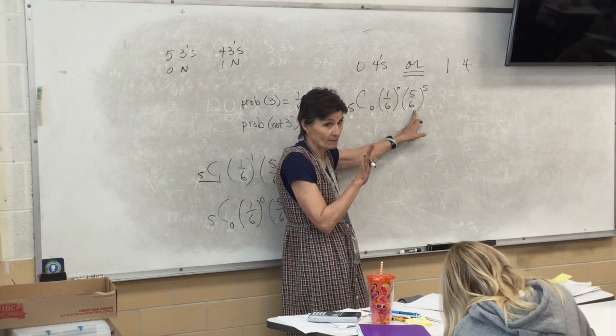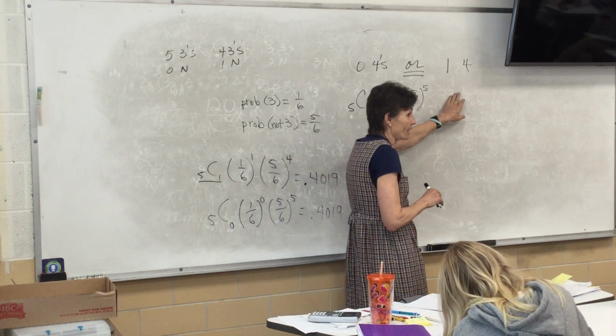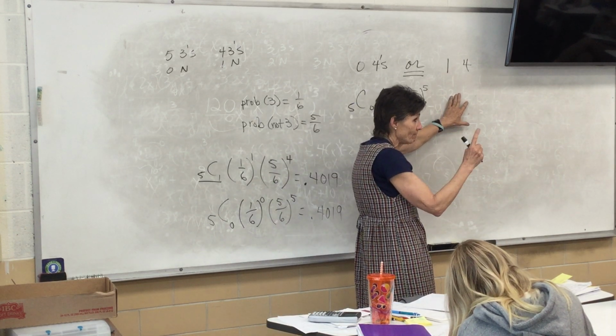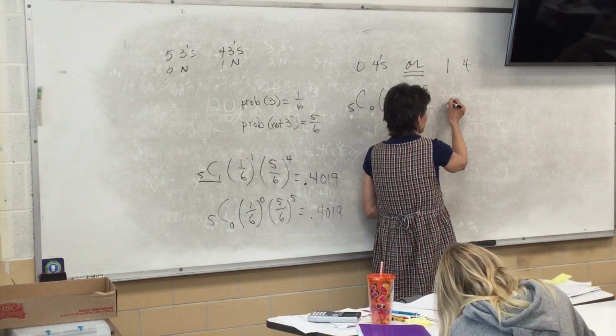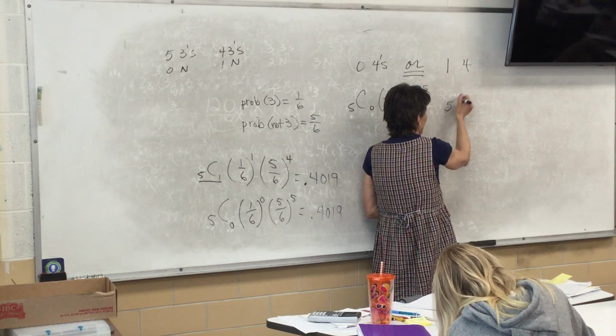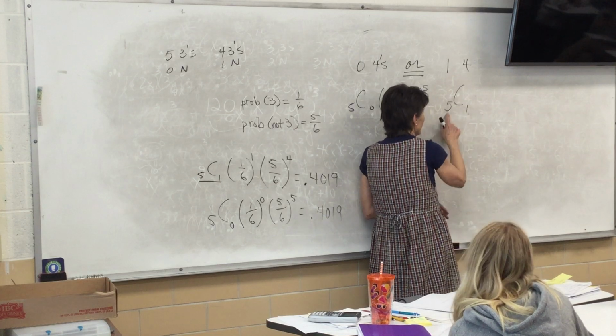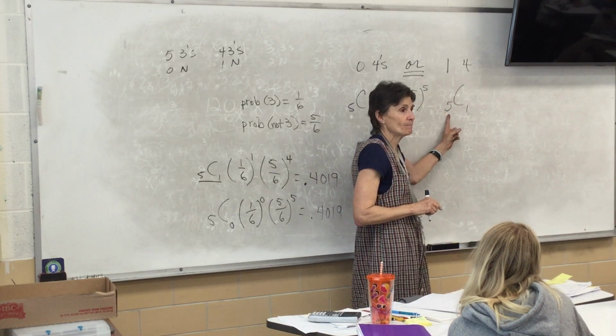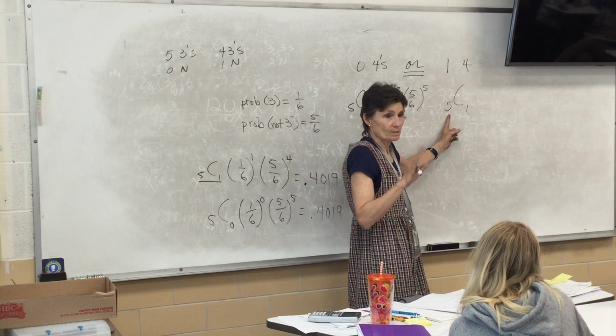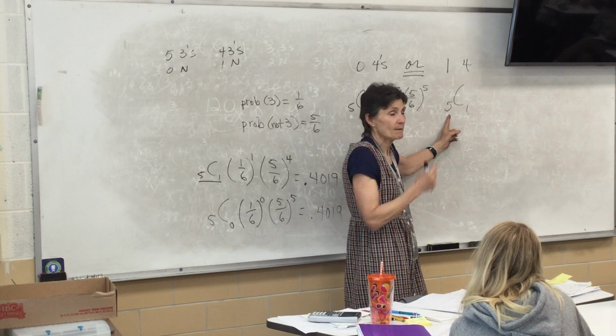Is that okay with everybody? Now what's this one going to look like? Now I want one 4, so that will be 5C1. Where's this 5 coming from? 5 rolls. If I roll it 6 times, it'd be 6.